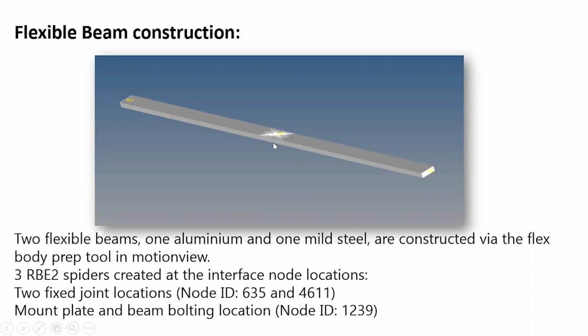In that case, we would need to use something called RBE2 stitching, where we make RBE2 spiders at all those 4 bolting locations of the mount plate, and then connect or stitch these RBE2 spiders. Since there was a lack of time and a lack of expertise, a single RBE2 spider has been made here to simplify the model building.